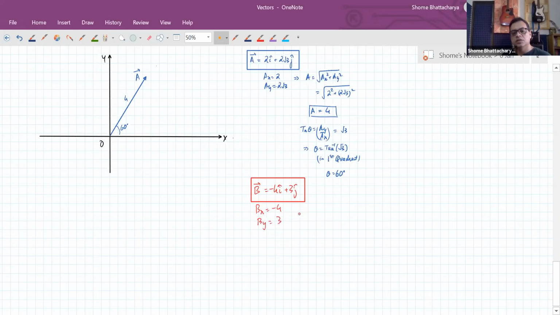Okay. So you can see that the magnitude of the vector B, when you substitute these here, will just become 5. So that's the magnitude now.